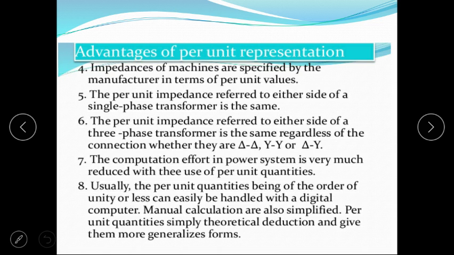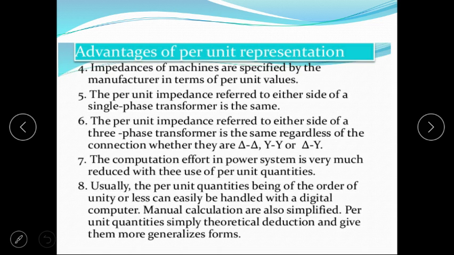Next is, impedance of machines are specified by the manufacturer in terms of per unit values. Next, the per unit impedance referred to either side of a single phase transformer is the same.